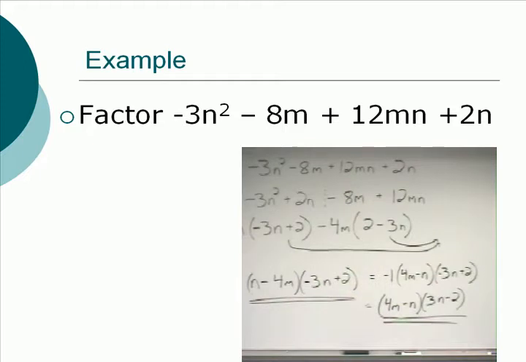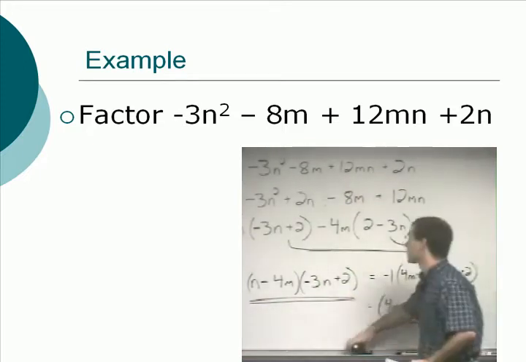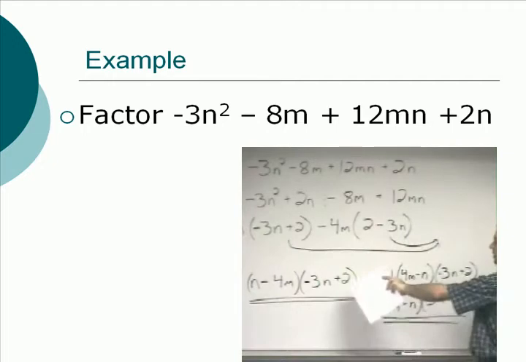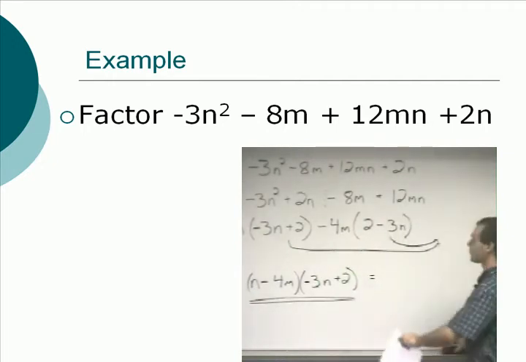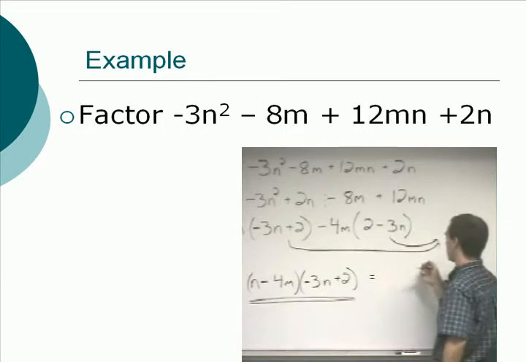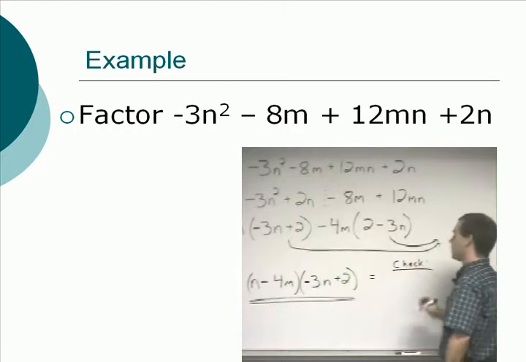Okay. Now let's just verify that this one is correct. Let's go back to the original answer that we got here, and let's just verify that it does work out. Let's FOIL it out. Let's check it.